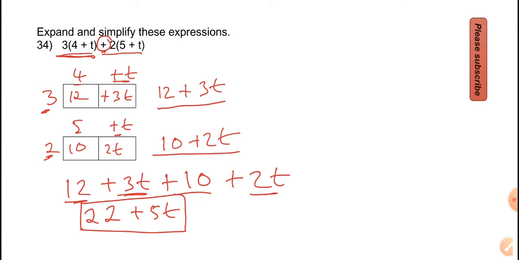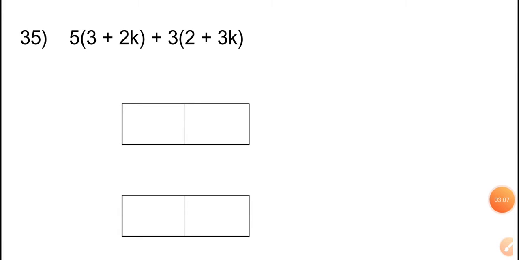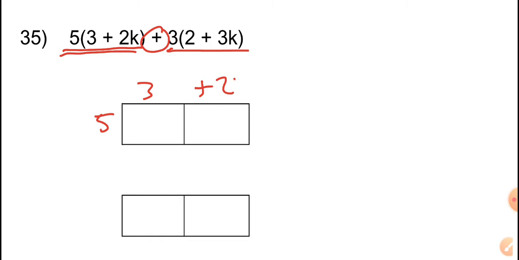So 22 plus 5t. So question 35, again there's no negative numbers, so it's quite easy. So we have to first expand the left hand side bracket, then this bracket, and then we could add and collect like terms. So looking at the left side, we've got 5 outside the bracket, and then 3 plus 2k.